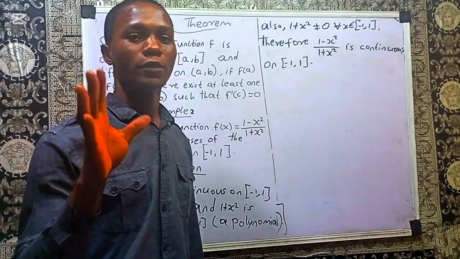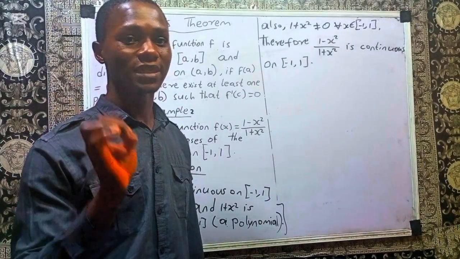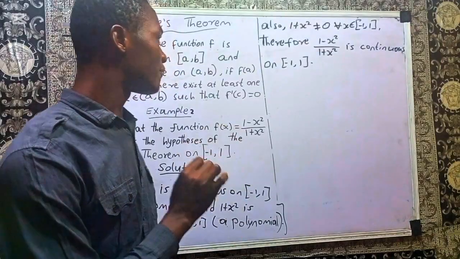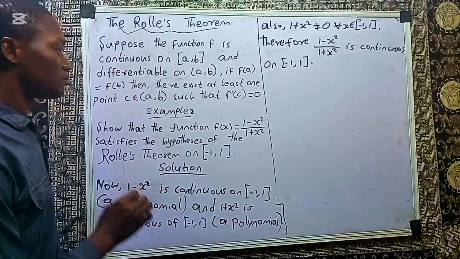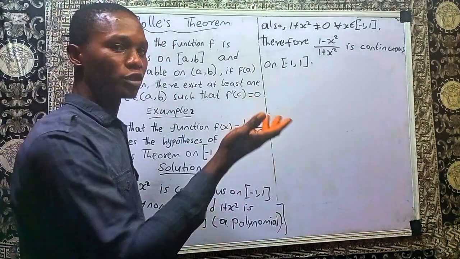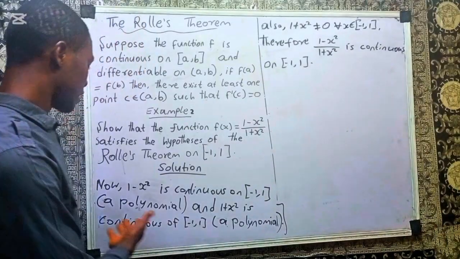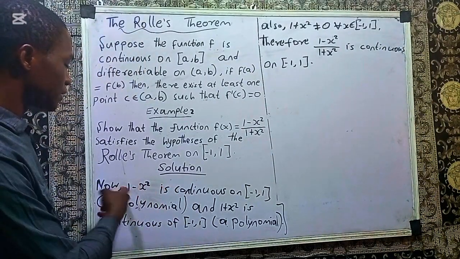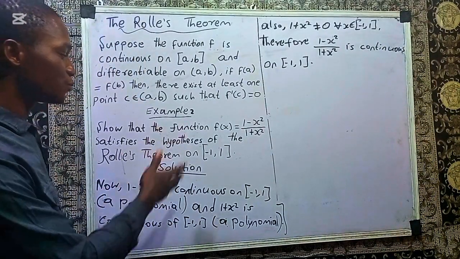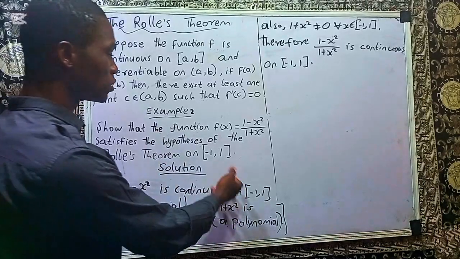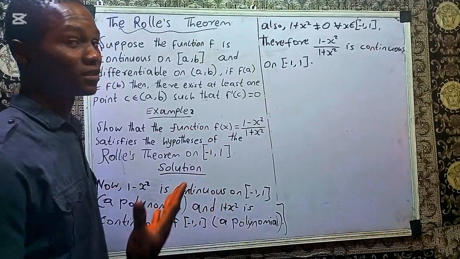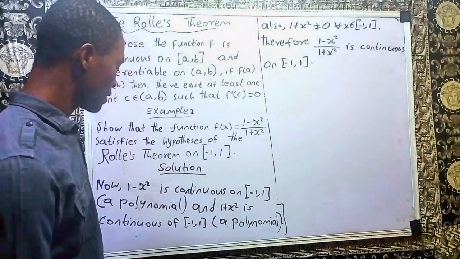So let's make that statement. What I just said earlier, I've already written it down. The numerator is a polynomial, and that's what I've written here: 1 minus x squared, which is our numerator, is continuous on the given closed and bounded interval because it's a polynomial, right?